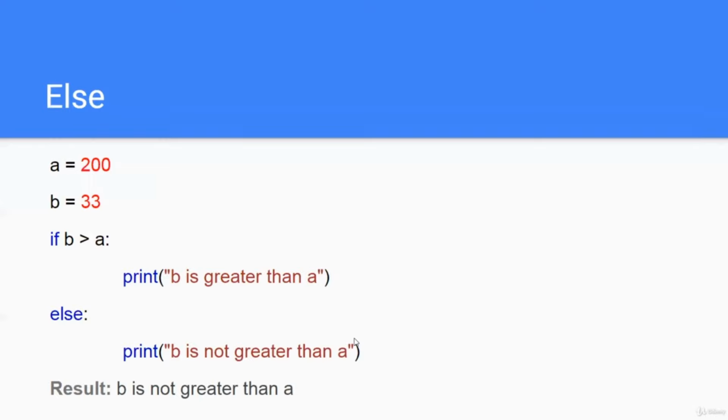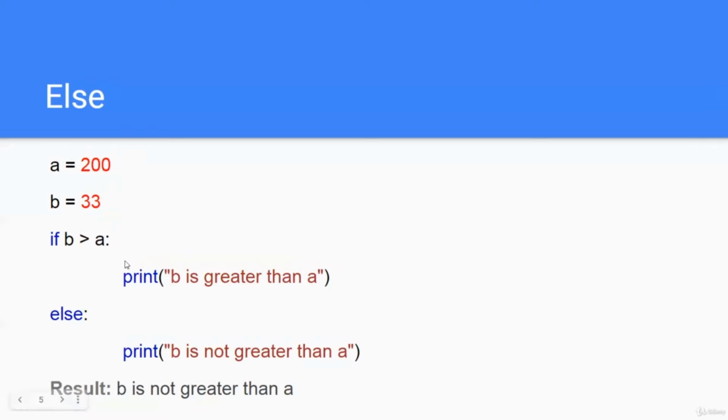Next, if there are two choices, let's say we have A equals 200 and B equals 300, and we have to print whether B is greater than A or B is not greater than A. Here A is 200, B is 33. So we write if B is greater than A colon, and after this the print statement runs if the condition is true. In this case B is 33 and A is 200, so the condition is false.